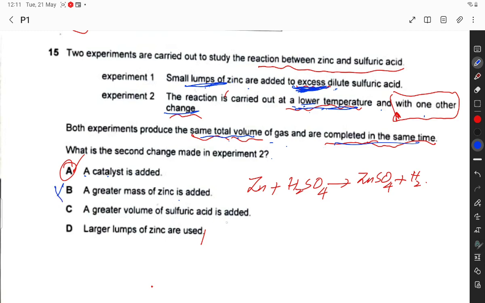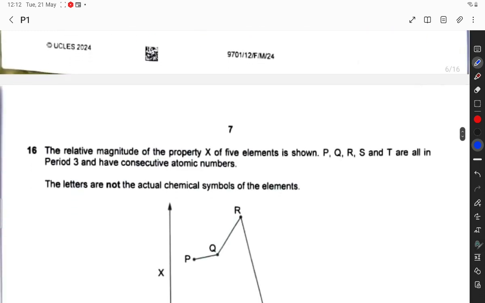A greater volume of sulfuric acid is added: no effect because sulfuric acid is already in excess. Larger lumps of zinc are used: the reaction is too slow as compared to this. But a catalyst is the best option. A option is the good option for this reaction.